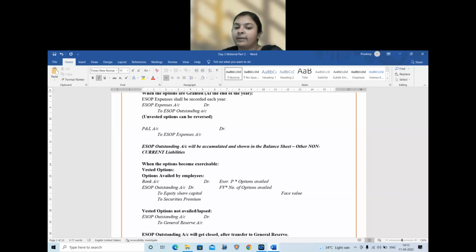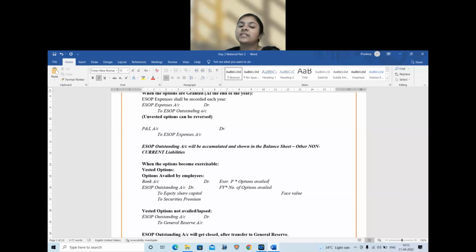ESOP outstanding account debit, fair value into options availed, which is nothing but the difference between your market price and exercise price, to equity share capital at the face value and securities premium for the balance amount. So this is your entry for subscription where the employees exercise the vested options.